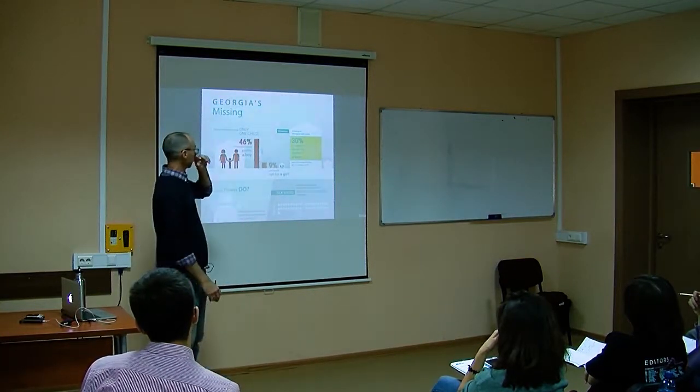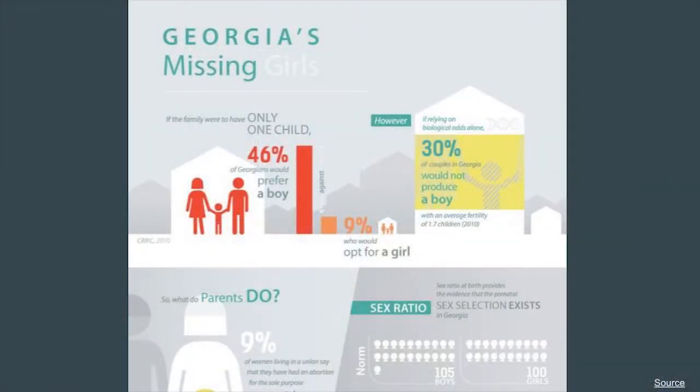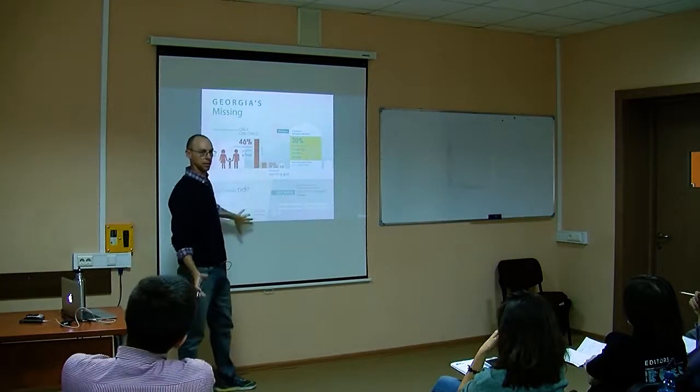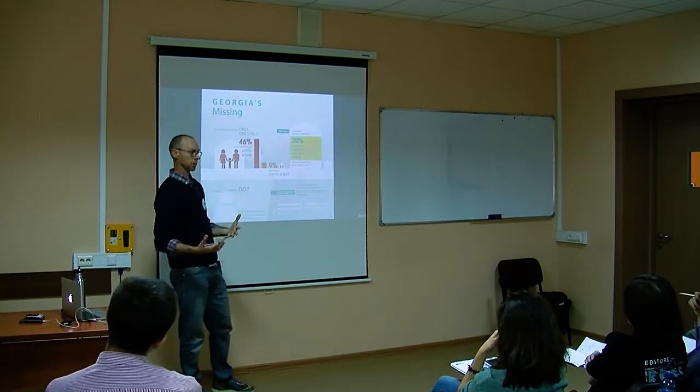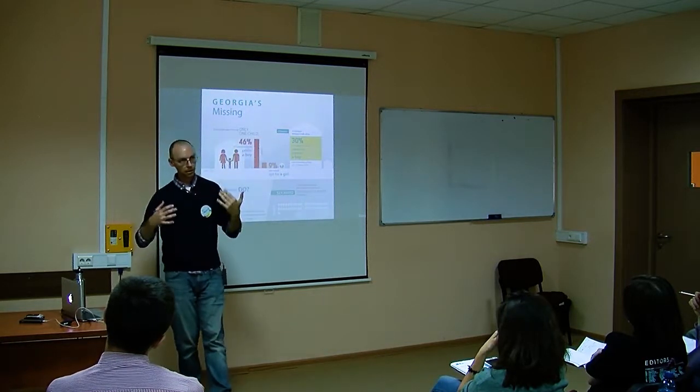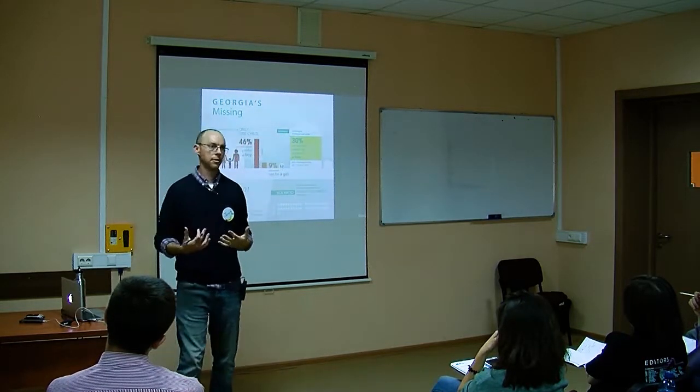Then this visual is also about sex-selective abortion. It's a bigger story, and here we use a lot of gray, okay, because it's not a happy story. It's a somber story. We're using this gray color to make the viewer not feel happy.